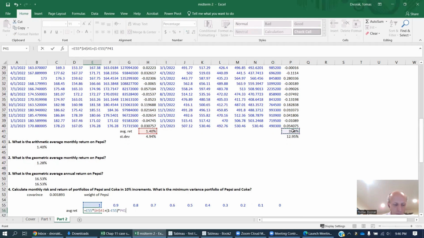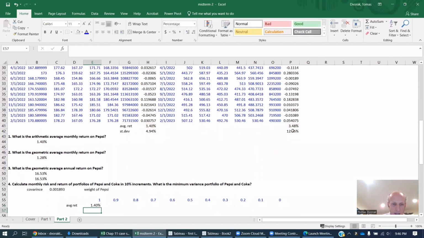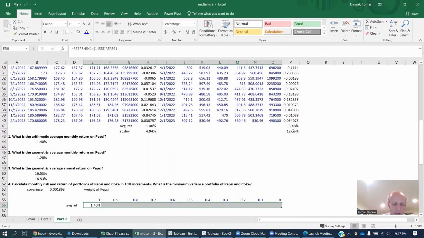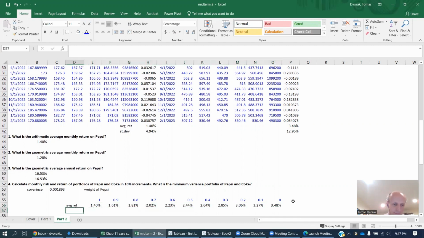And we're going to have to lock that, so F4. And of course here it gives us 1.4, which is because we're 100% in Pepsi. And if we're 100% in Coke, then we have 3.48.